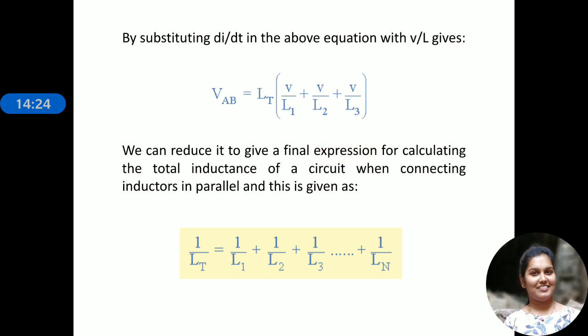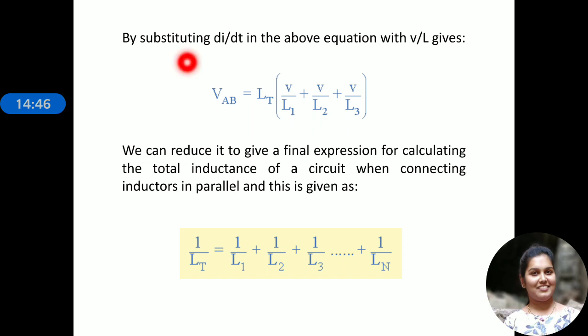Till now you got the point, right? We have taken V is equal to L di by dt, substituted I as I1 plus I2 plus I3, and later substituted the di by dt terms with V by L terms.